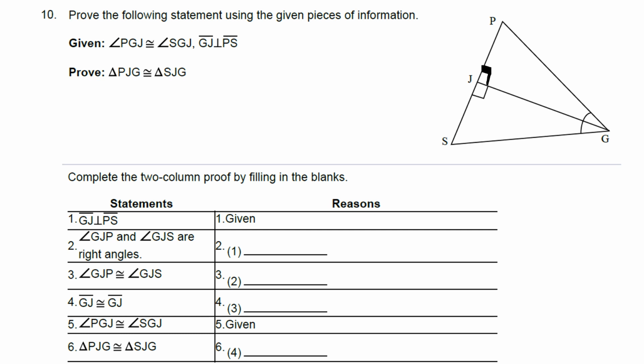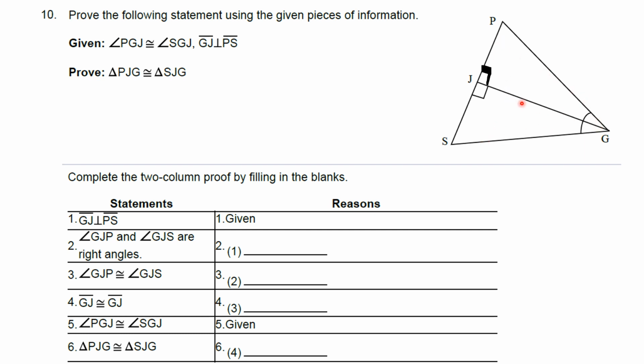Then we're supposed to be proving that the triangle PJG is congruent to the triangle SJG. Let me switch to the laser pointer. That's basically saying that this triangle on the top is congruent to this triangle on the bottom.